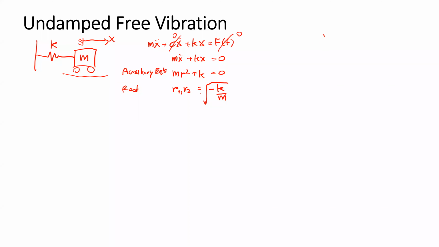And the square root can be plus and minus, which means we're going to have plus and minus j times the square root of k per m.